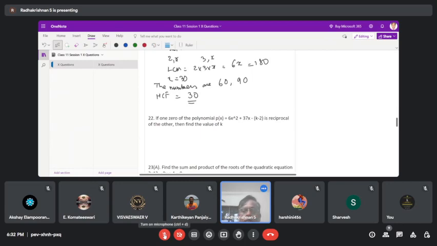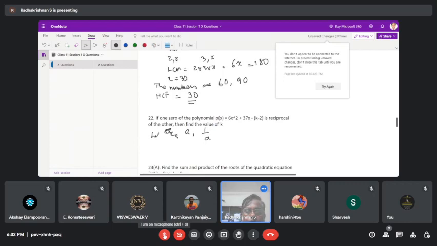See, the roots are such that one is the reciprocal of the other. That means we can take the roots as, let's say not alpha, a and 1 by a. Let the roots be a and 1 by a.